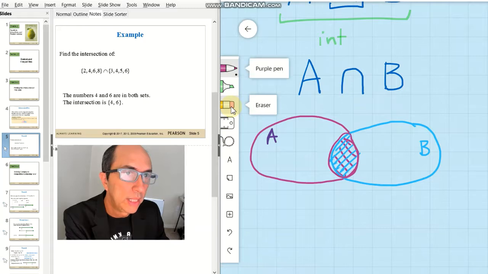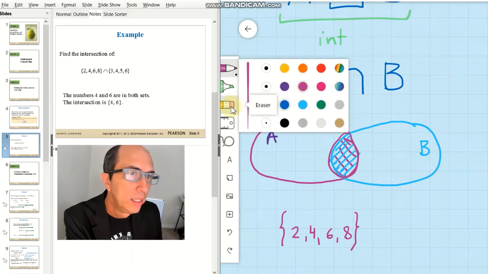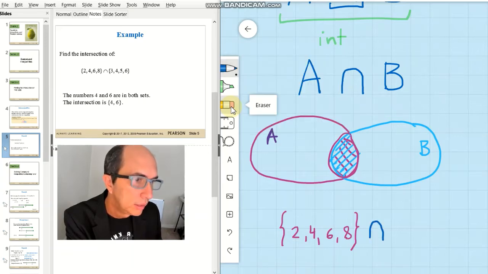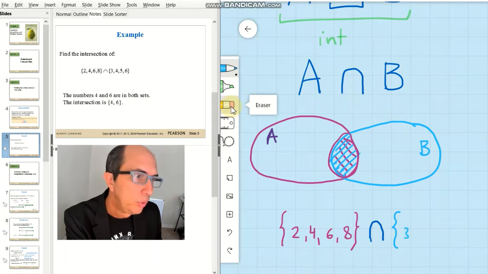Suppose this one is A, and A is 2, 4, 6, and 8. And we want to know the intersection. This representation is the U upside down with B, and B is 3, 4, 5, and 6.